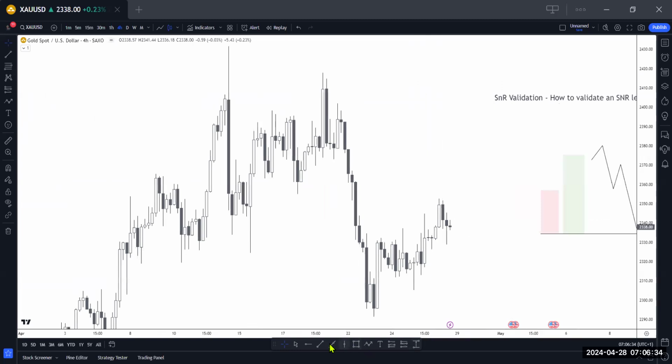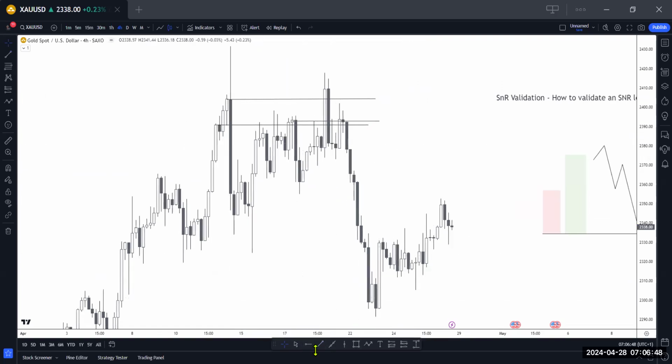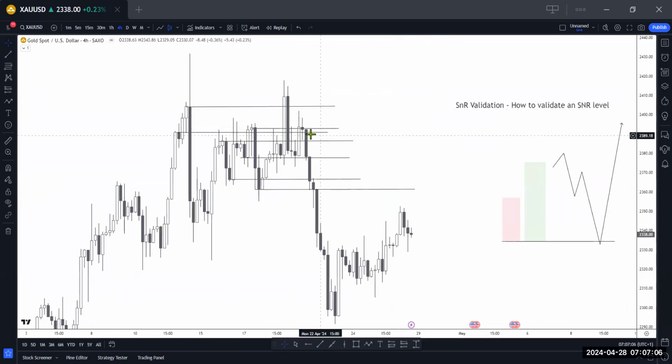For example, let's say there's an SNR level here, H4, an SNR level, then HNS, SNR, SNR, SNR, different SNR levels, right?